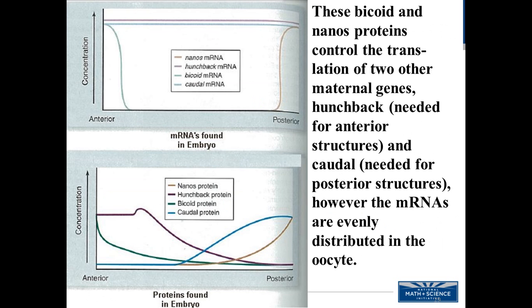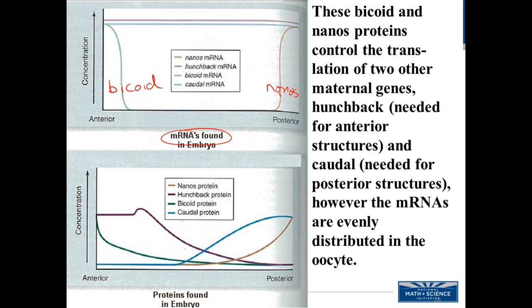So here is the crazy part. We already know that if we're looking at the RNAs, we have a concentration gradient of bicoid at the anterior end, and we have a concentration of Nanos at the posterior end. Okay?